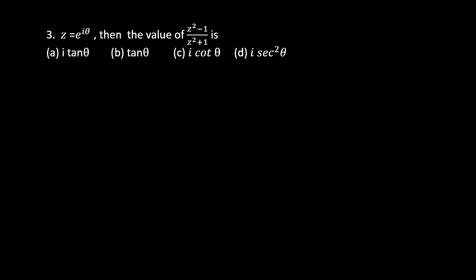Here z is e to the power i theta. Then find the value of (z square - 1)/(z square + 1).